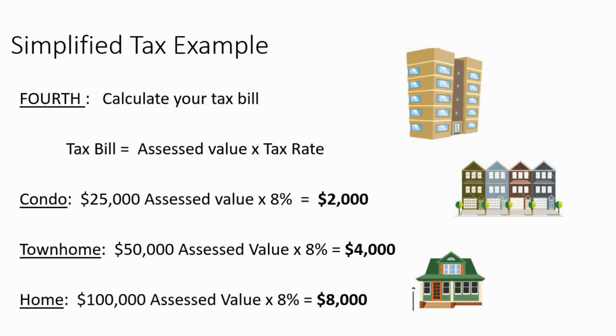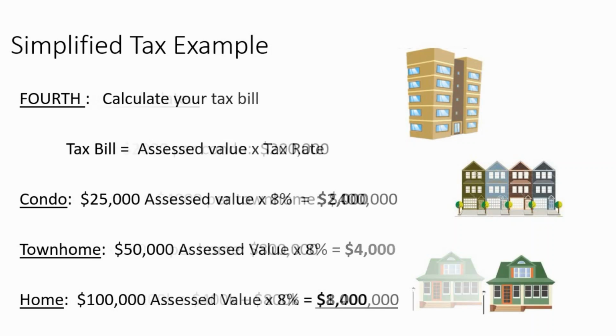The tax bill, again, is the assessed value times the tax rate. So for a condo, $25,000 assessed value times 8% equals $2,000. Townhome, 50 grand assessed value times 8%, $4,000. And then a home, $100,000 assessed value times 8%, $8,000. So this is basically how a tax bill is determined in the most simplistic form.